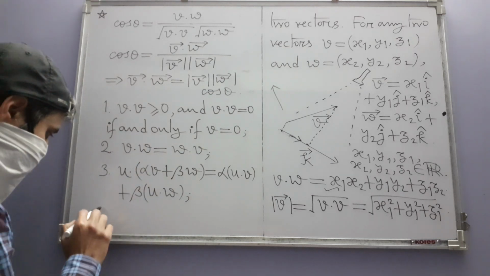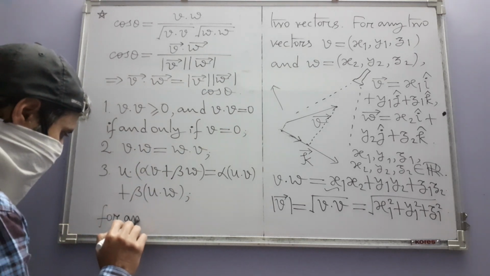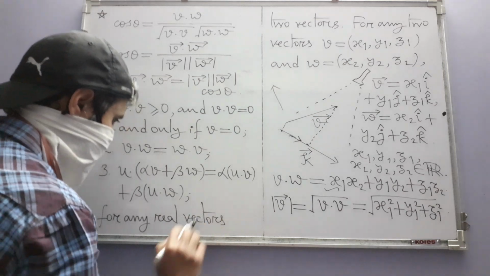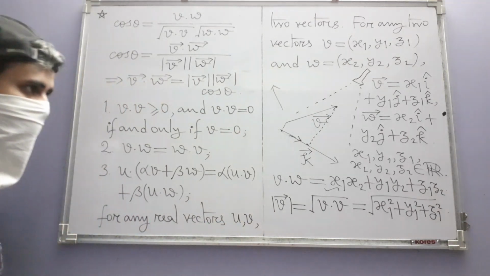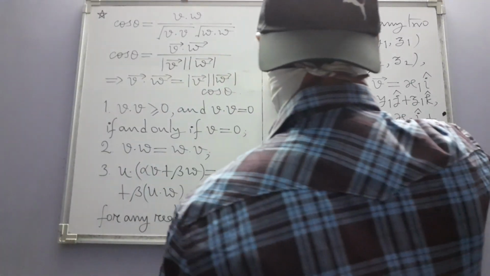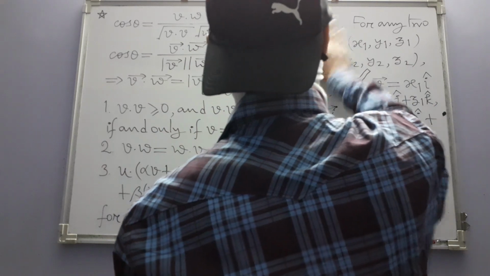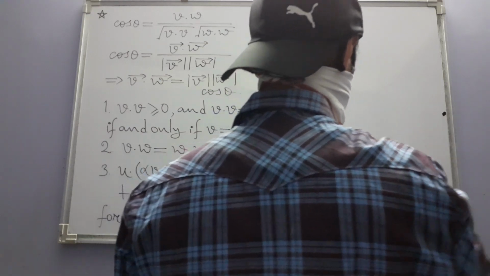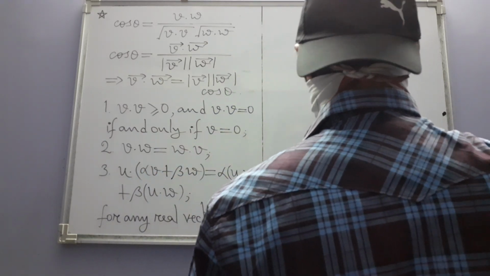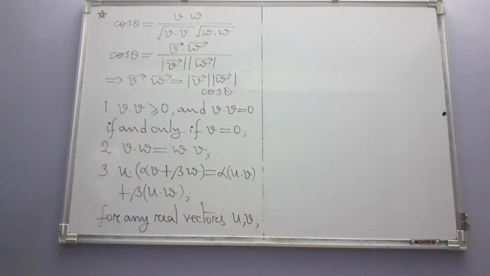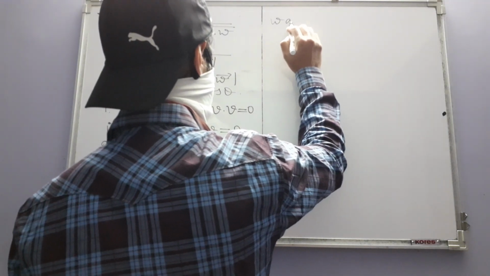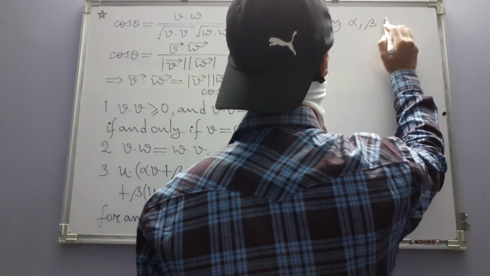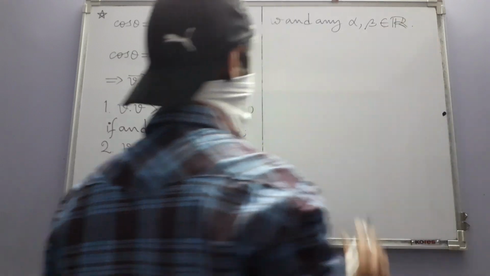And these three properties are of course true for any real vectors u, v and w, and any real numbers alpha and beta.